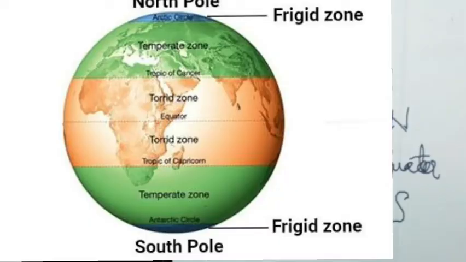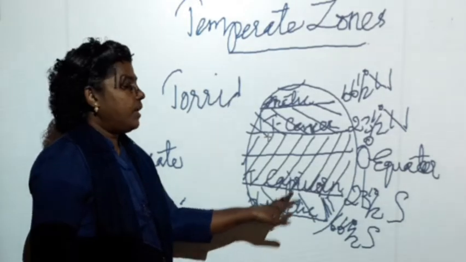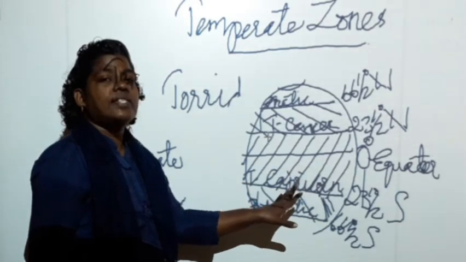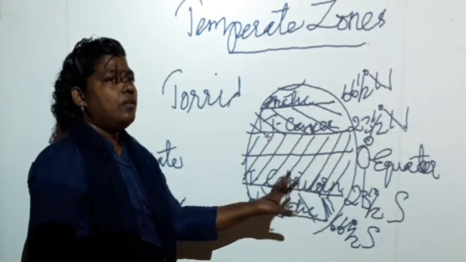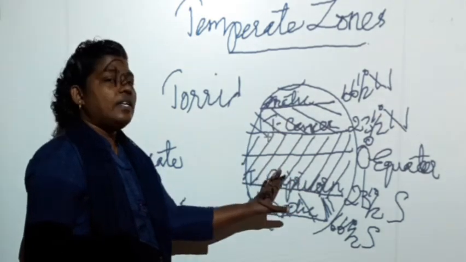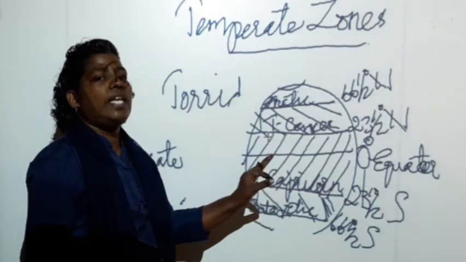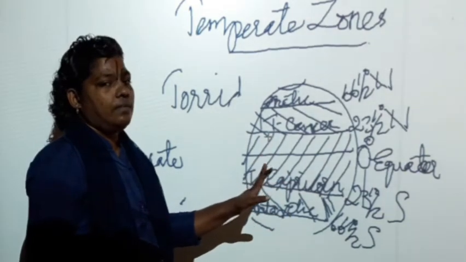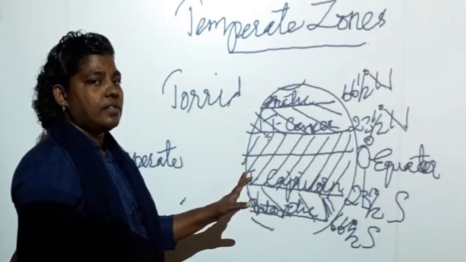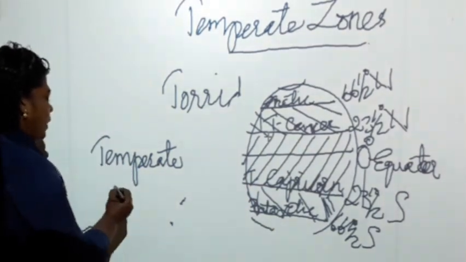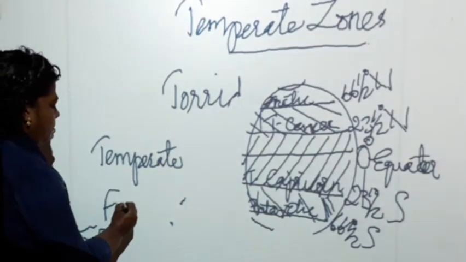In the north till Arctic Circle and in the south till Antarctic Circle. The temperate zone is located here, and this region receives the slanting rays of the sun. The countries located in this region receive almost equal summer and winter periods. Did you understand, children? And the last one is frigid zone.